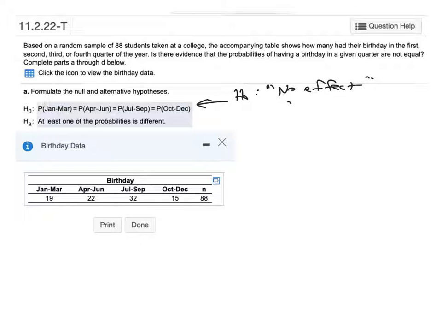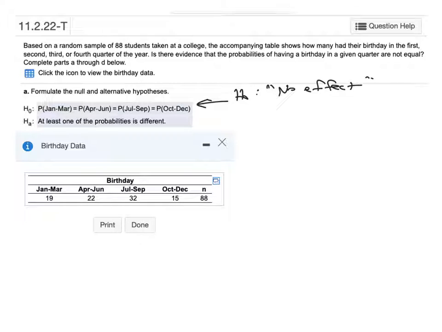You could think of it as the quarter of the year you were born being equally likely. If there is nothing going on with our population in terms of their birthdays being biased towards one quarter or the other, then we would expect that in each of the quarters of the year, roughly a quarter of the people were born.